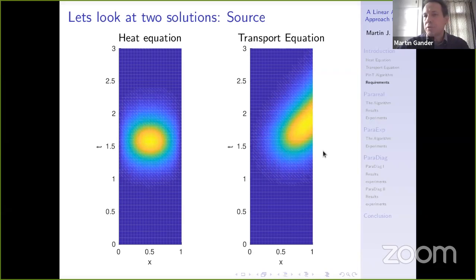If we put the source term, it's very similar. The source term remains local in the influence for the heat equation, and it also remains local for the transport equation. So these two equations one should be able to solve very well with a time parallel method, because the influence of early parts of the solution do not have a great impact on parts later in the solution.